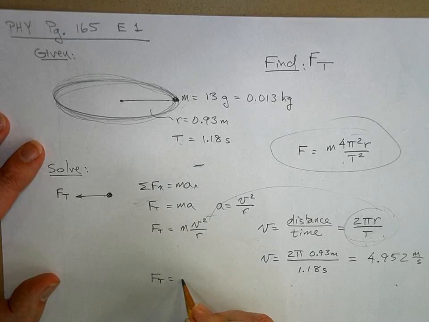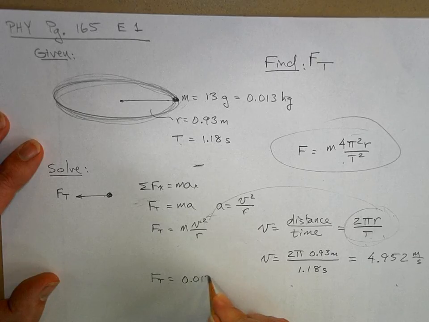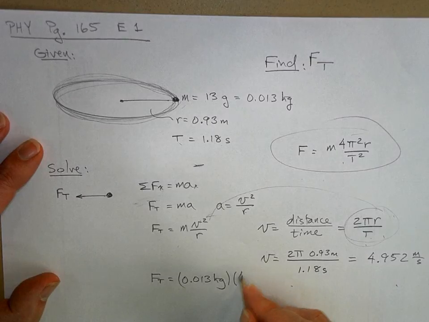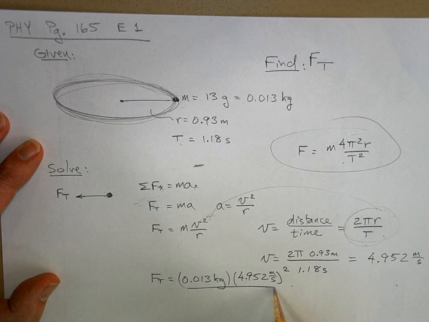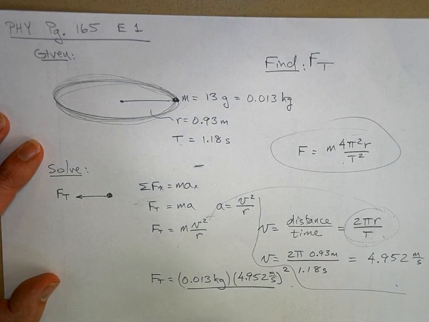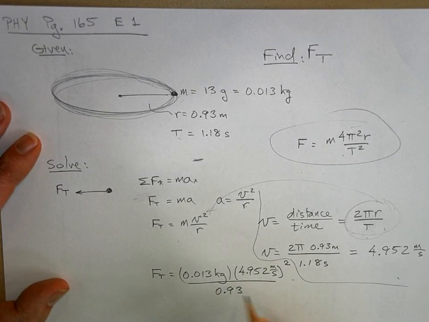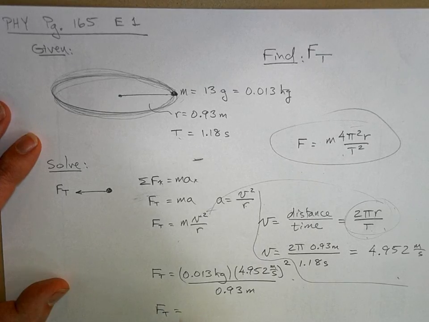So the mass is 13 grams, which is 0.013 kilograms, times the speed squared, divided by the radius, and that gives the tension force on the string.